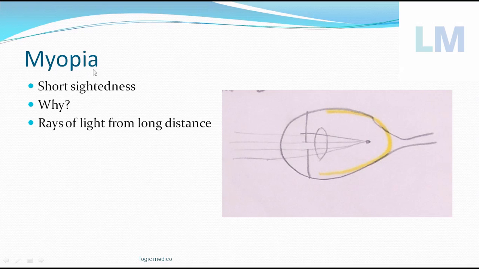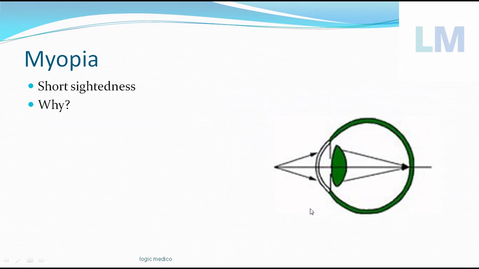If they want to drive a car, they have to wear glasses. Those diverging rays coming from an object at a shorter distance will fall on the retina, so they can clearly see a book or a television from a shorter distance. Therefore it is called short-sightedness.